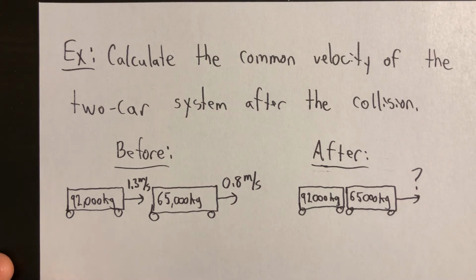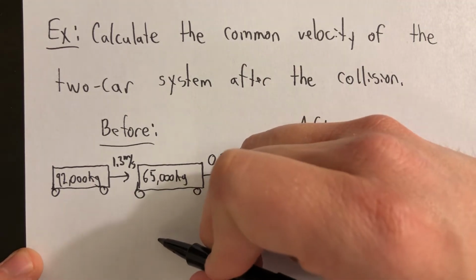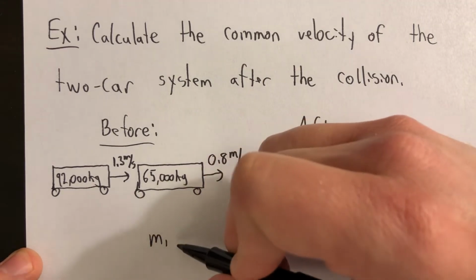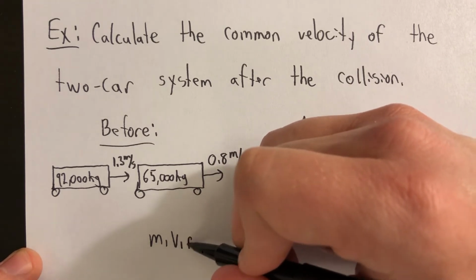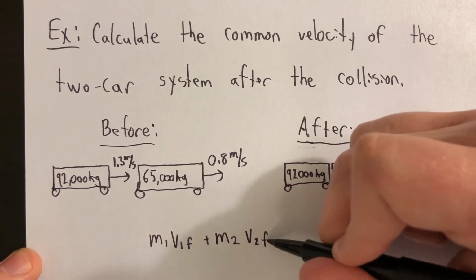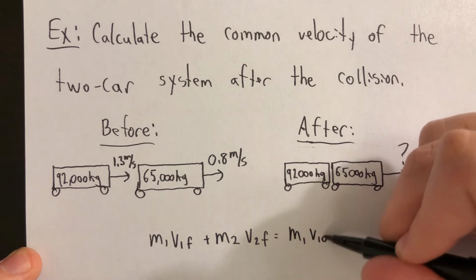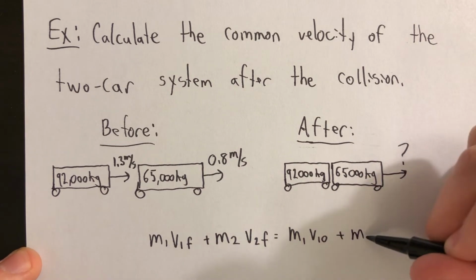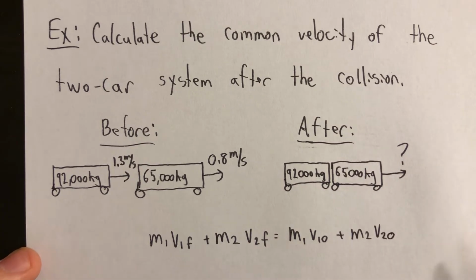We'll use the conservation of momentum for this, as we will for the remainder of the week. Here it is. We're going to use the expanded version: m1 v1 f plus m2 v2 f equals m1 v1 initial plus m2 v2 initial.